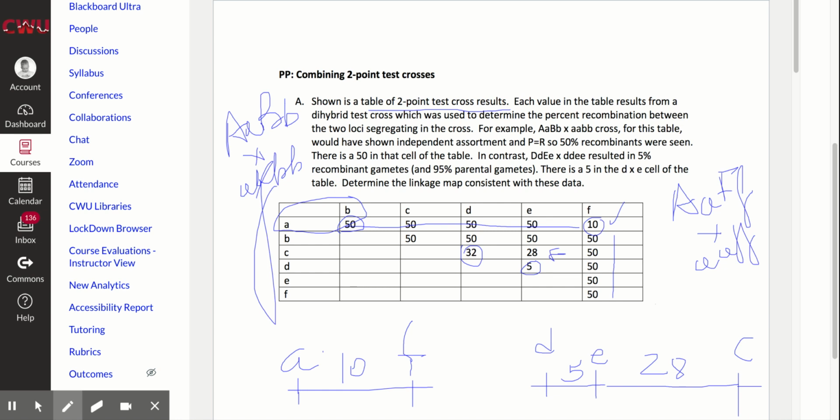Any even number of crossovers between two points will look like no crossovers, and any odd number of crossovers between two points will look like one crossover. So the further apart we get, the more likely we are to get double crossovers that eliminate some of our crossovers. Really, there are two. If we want to count crossovers, remember that's what we're trying to do.